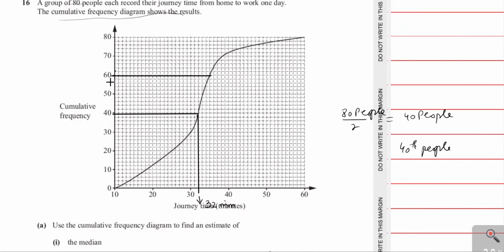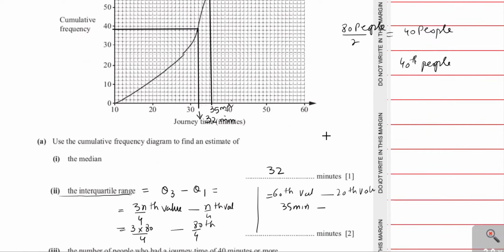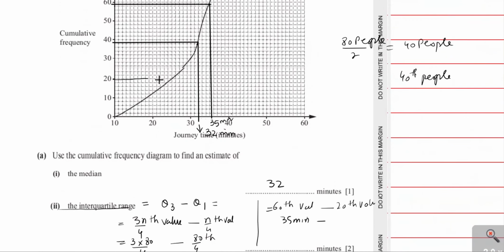Look here, to take the journey time of the 60th person, we will draw the horizontal line, and this horizontal line meets the graph at this position. Next, we will draw the vertical line, and this vertical line meets the time axis at this position, and this is 35 minutes, and we write here 35 minutes. For the 20th person's time, we will draw the horizontal line from the 20th person's value, and this horizontal line meets the graph at this position.